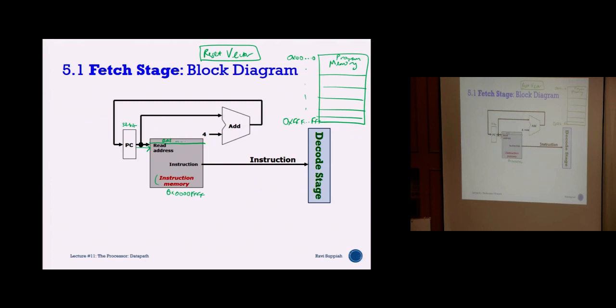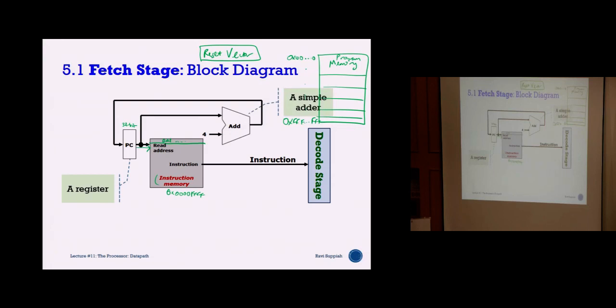That add instruction then comes out of my memory to my processor. So the program counter's job is to provide the address to the instruction memory, and the instruction memory provides the data at that address, which is actually the instruction. That instruction is sent to my processor to do the next stage.